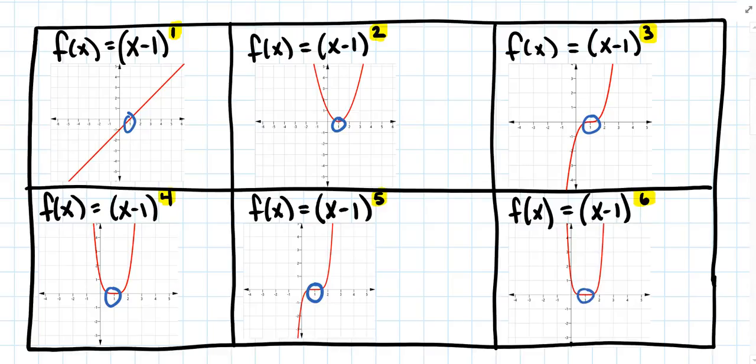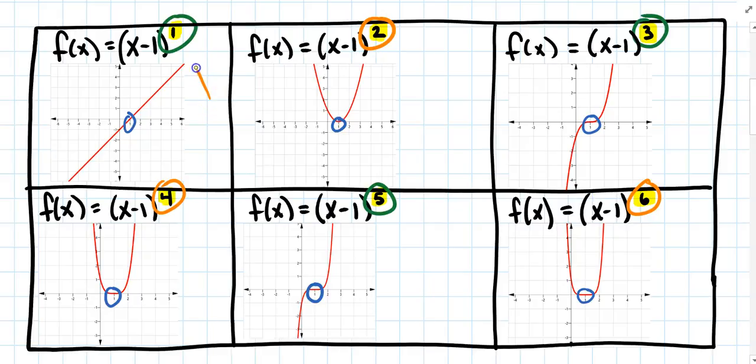Hopefully you're picking up what I'm putting down: when you have an odd exponent like 1, 3, and 5, the graph passes right through the zero, but with an even exponent like 2, 4, and 6, the graph turns around at the given zero. This is called multiplicity.